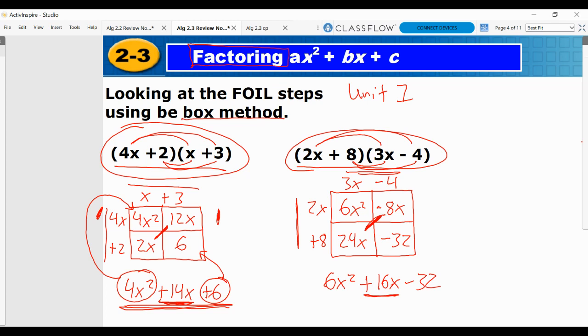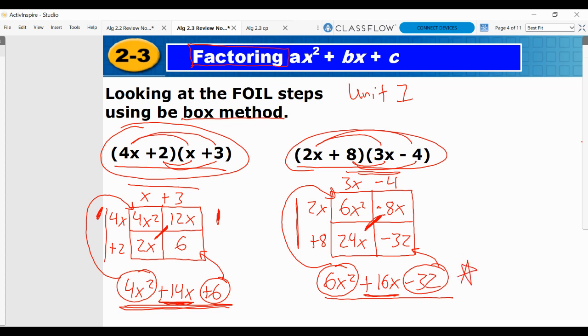Here would be your answer down here, and take a look again: in the first box is our first term, and in the last box is our last term, the negative 32.